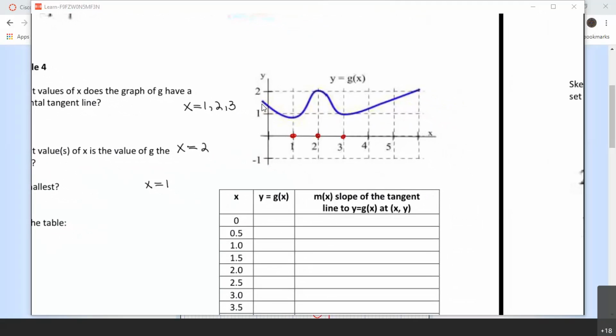Now notice your graph has a negative tangent line here, so it's sloping down, but it's getting somewhat less negative till it hits 0. That means the y values of your derivative graph are going to be below the x-axis.